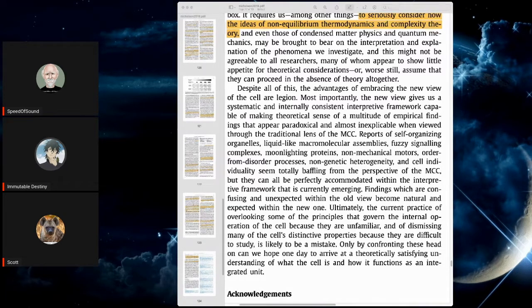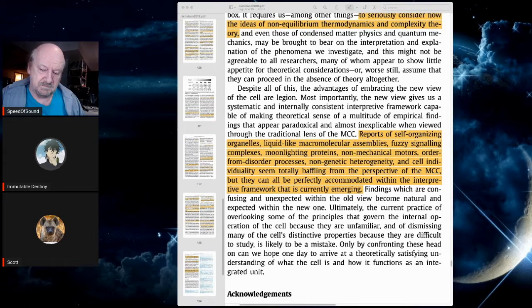Reports of self-organizing organelles, liquid-like macromolecular assemblies, fuzzy signaling complexes, moonlighting proteins, non-mechanical motors, order from disorder processes, non-genetic heterogeneity, and cell individuality seem totally baffling from the perspective of the MCC, but they can all be perfectly accommodated within the interpretative framework that is currently emerging. Findings which are confusing and unexpected within the old view become natural and expected within the new one.